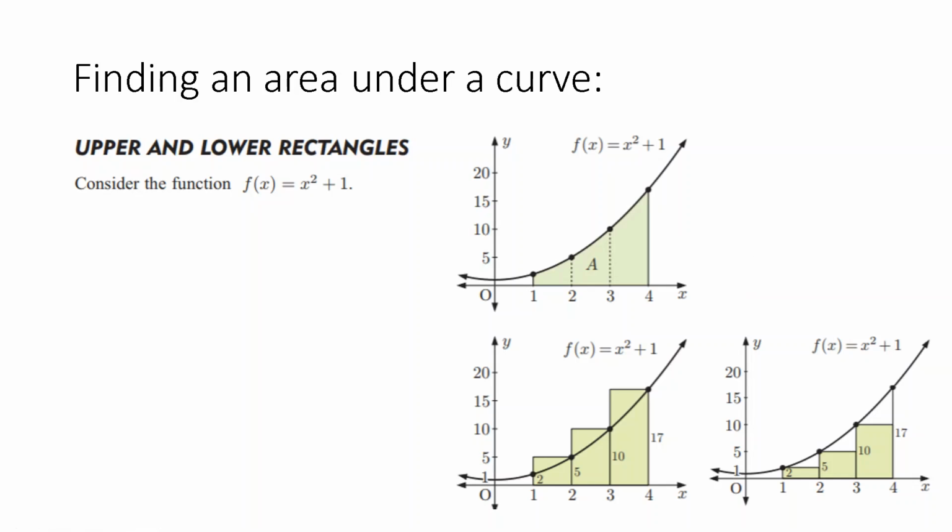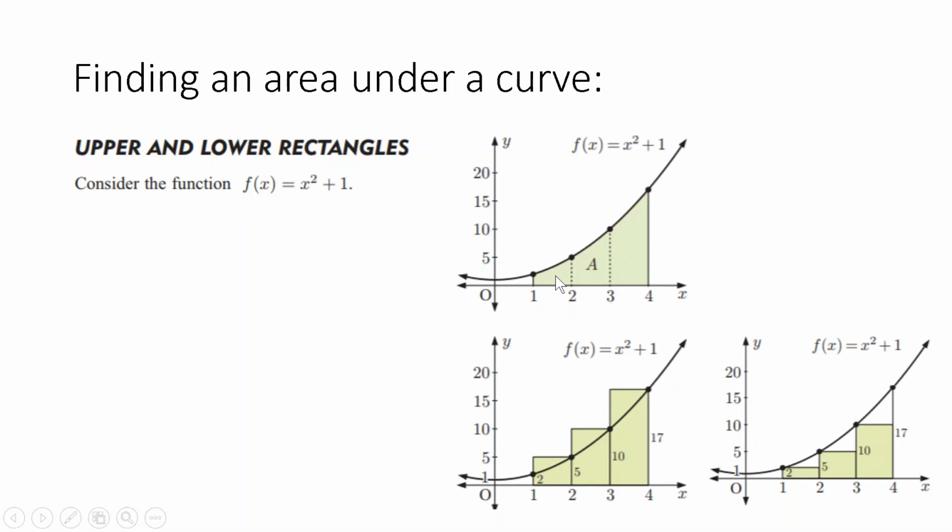Suppose we divide the interval between 1 and 4 into 3 strips with a width of 1 unit, and we obtain 3 subintervals of equal widths. So those are just 1, 2, and 3.